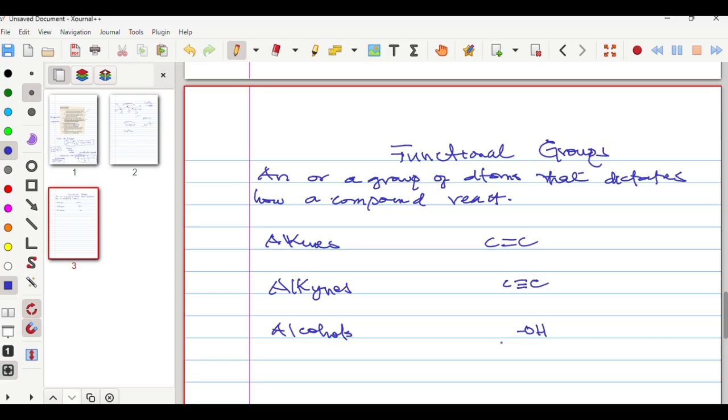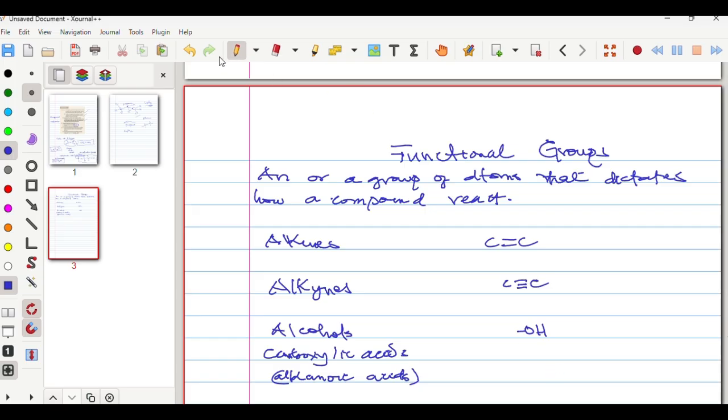Yes, sir. So alcohol is OH, and then carboxylic acids. In Nigeria, we normally call them alkanoic acid. So for alkanoic acid, the functional group is what?